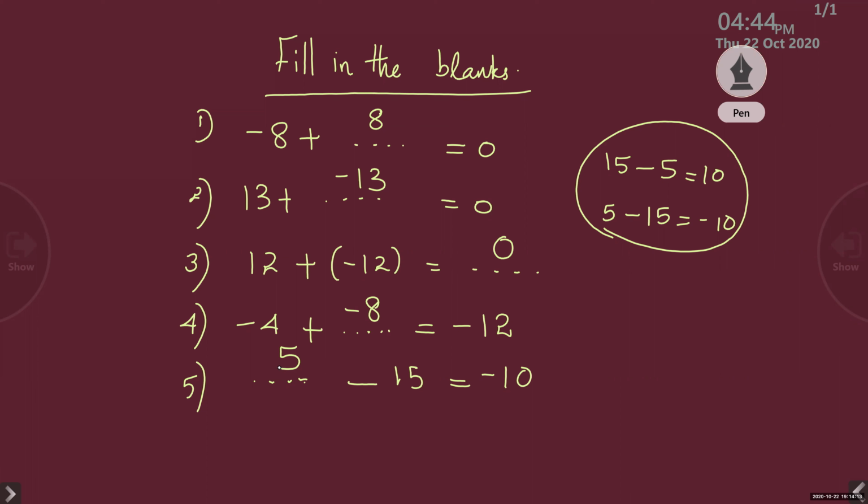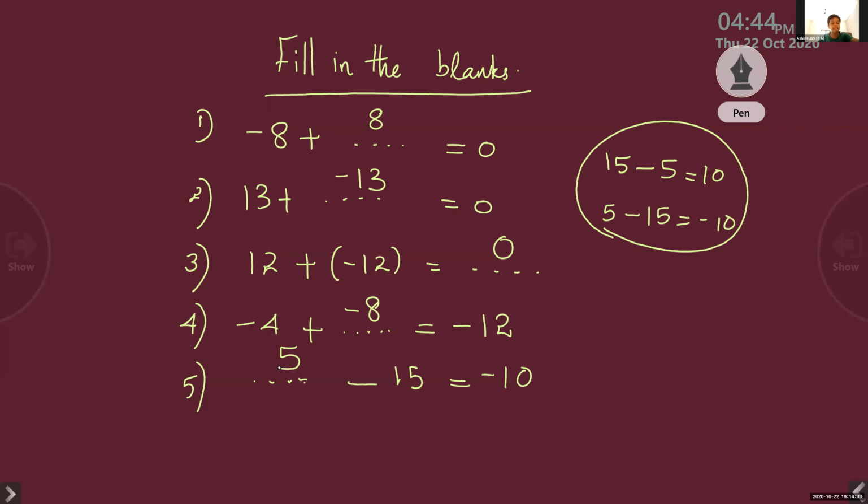Okay. Now we will move to the next type of question and our chapter will finish now. After that, we'll start fractions. You know fractions? Yes, ma'am. We have learned it.